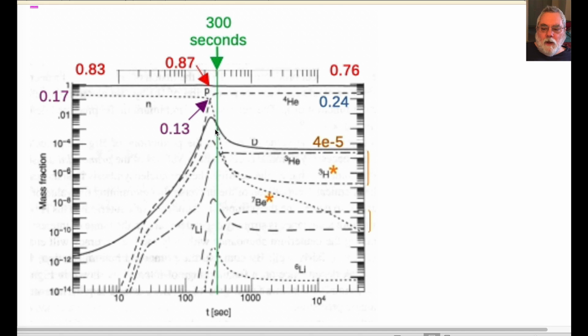Had there been no other fusion reactions, the final mass fraction of deuterium would have been 0.24, but there were other reactions. So, the deuterium curve is this solid black line.